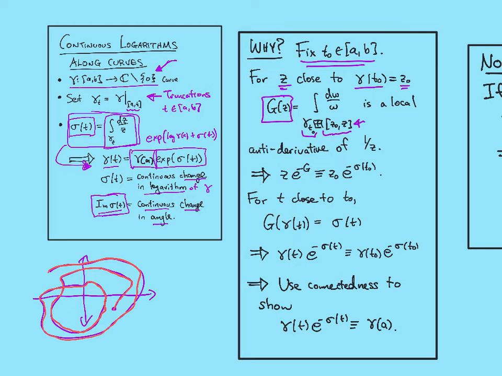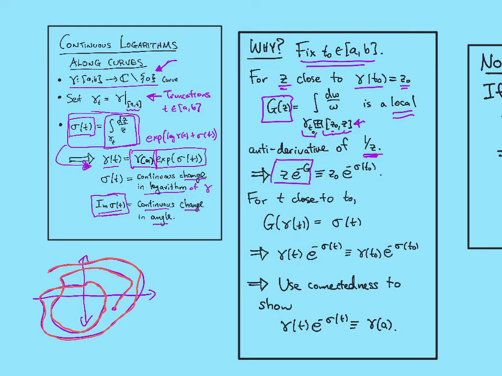But the way we have this is a curve going from z-naught to z, and so locally we know that we can take the derivative of this and get 1 over z. So this is a local antiderivative of 1 over z. And we've already seen arguments that if you have a local antiderivative of 1 over z, then something like z e to the minus g, you can just show that that's constant by taking its derivative.